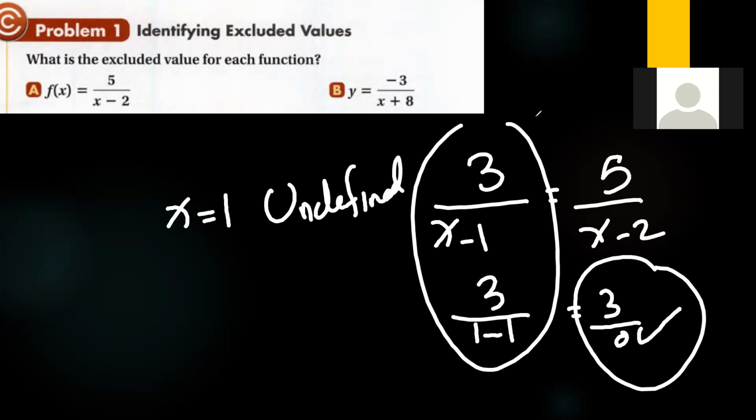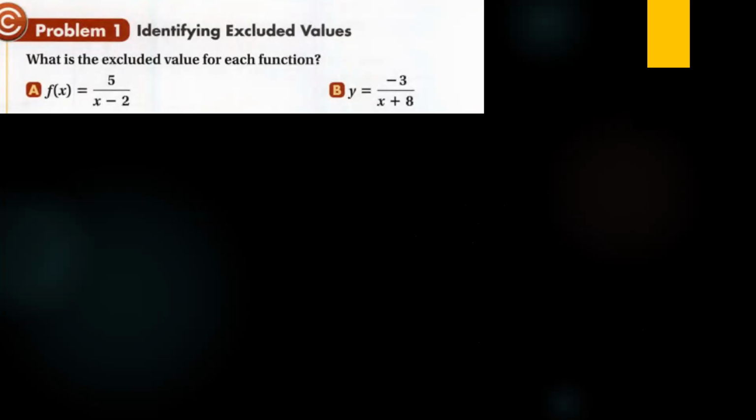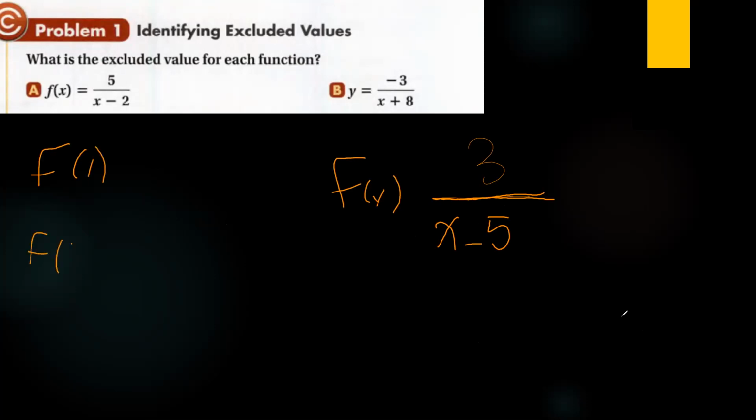Okay, I will give you another example. If you have f of x equals 3 over (x minus 5), I want you to find f at point 1, f at point 4, and f at point 5.